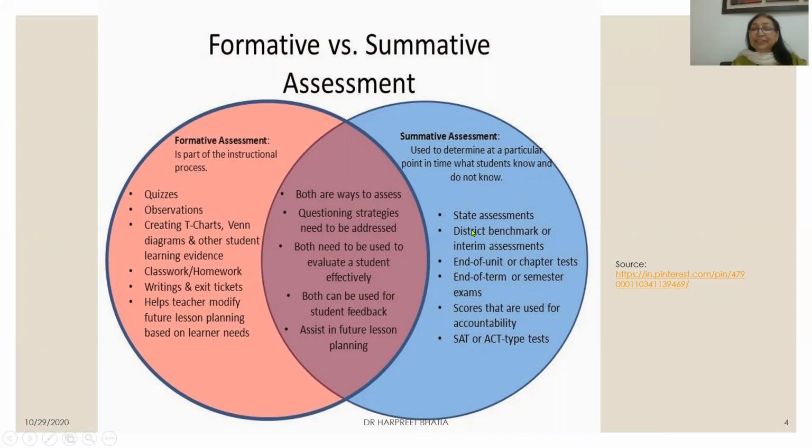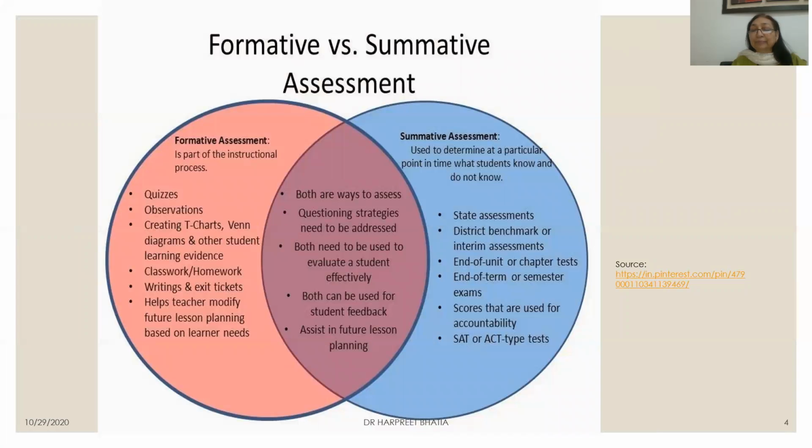Summative assessment is the end of the unit exam test that you take, end of the term exam. And these tell us what the student has been able to learn through the whole semester or year, whenever we are taking the test.